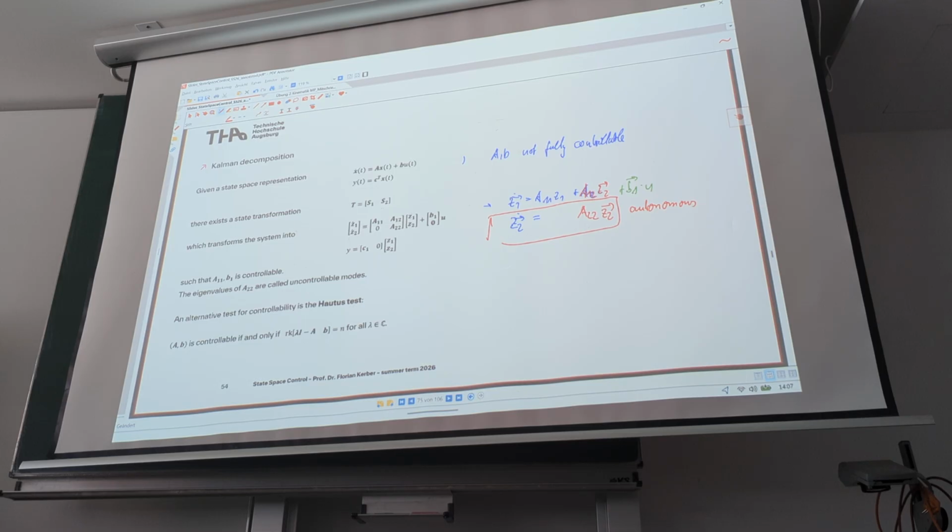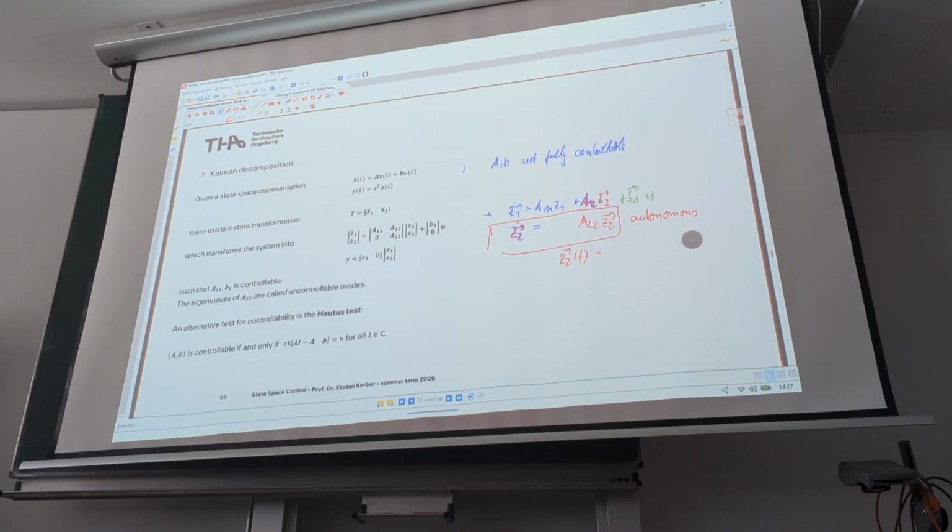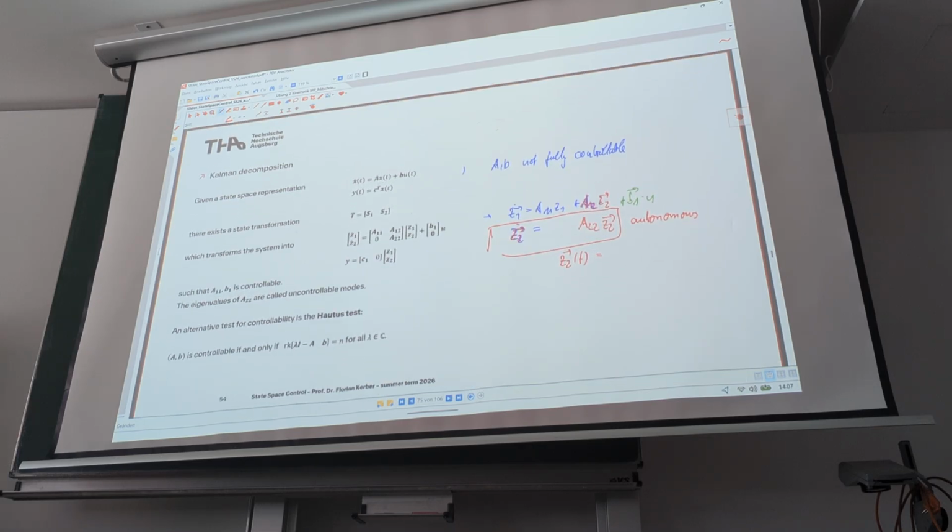We know that the solution of this part, that the Z2 of t then follows which dynamic. So if I compute the Z2 of t, that would be what? How can we explicitly compute the state trajectory of this substate Z2?